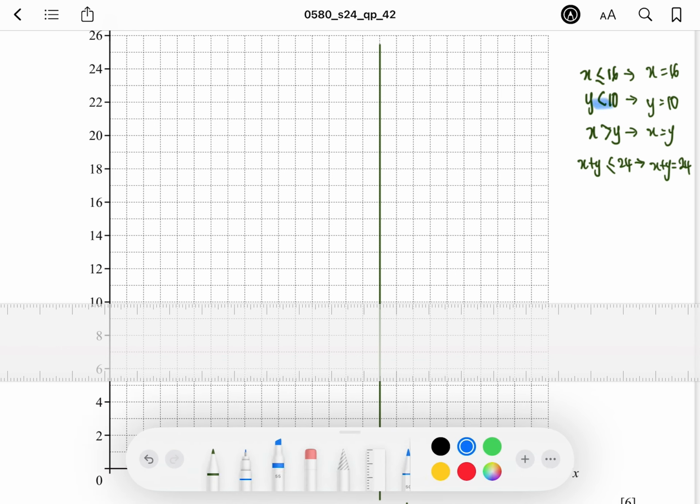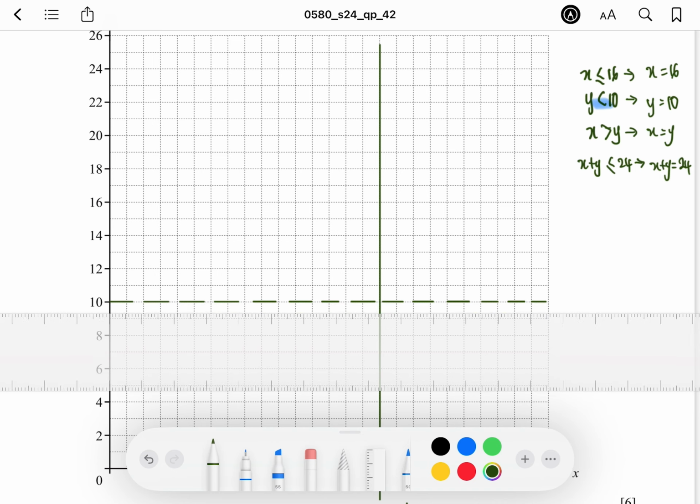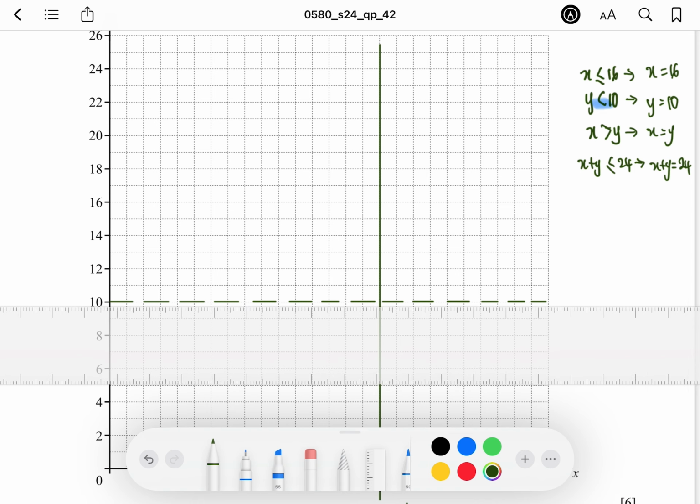Artinya line satu menunjukkan boundary-nya saja, tapi indah termasuk arah y equals to 10. Okay? But don't worry. Kamu nak mana tau kamu buat further math sekarang? MD form 6. You would know. Okay? That's just common sense lah. Kalau solid line tu termasuk points arah line tu, kalau dotted line indah termasuk.